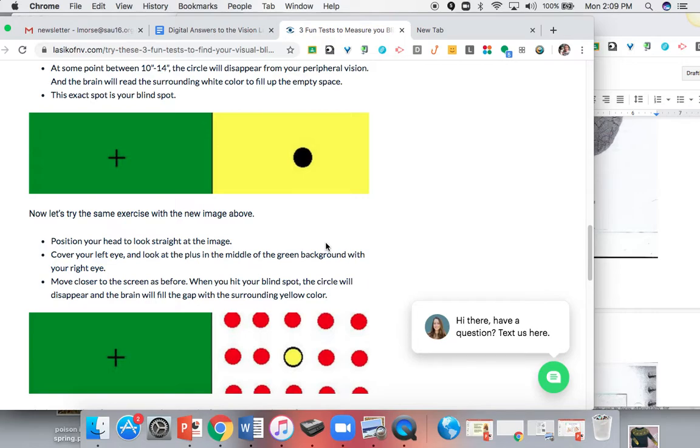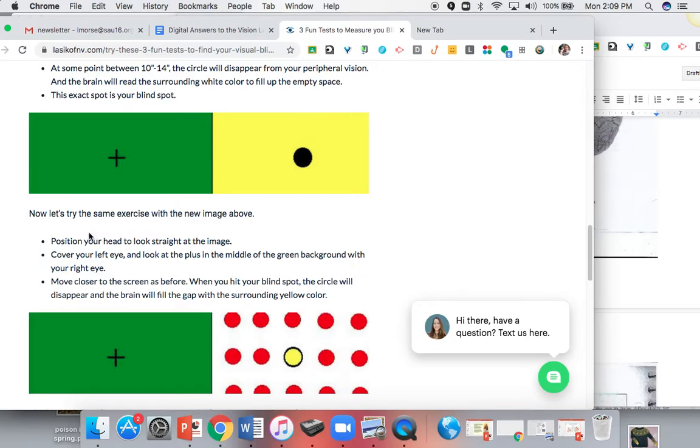But just to find it, you're going to close your left eye, and then move your face. You are going to focus your vision on the green plus, the plus in the green box. But then you're going to move your face towards the plus, and pay attention to the dot in the yellow. It's in your peripheral vision, so you're still focusing on the green plus, but you're paying attention to the dot in the yellow box.